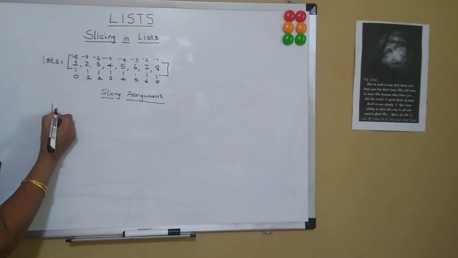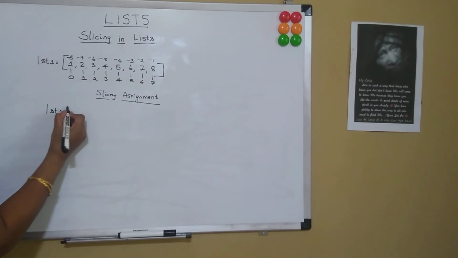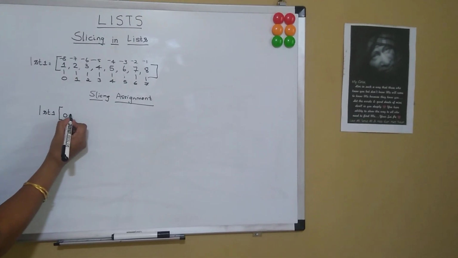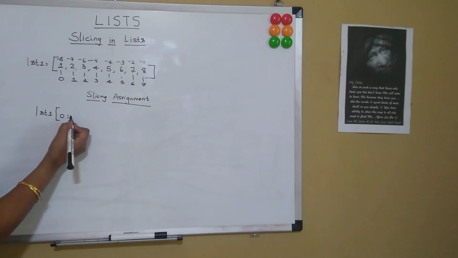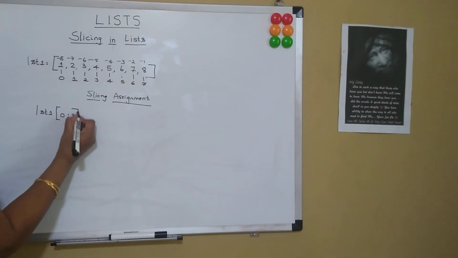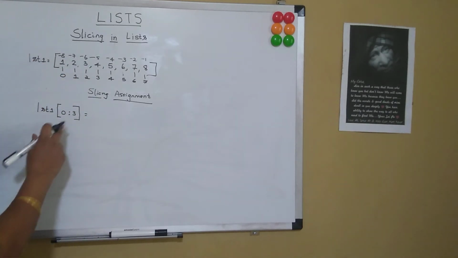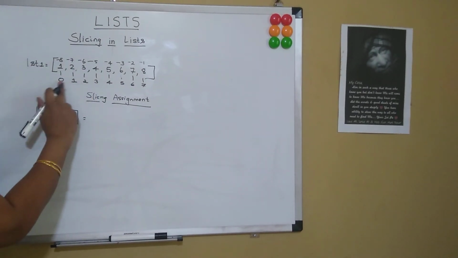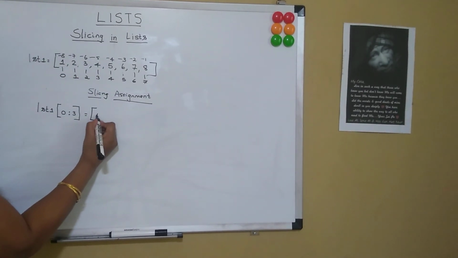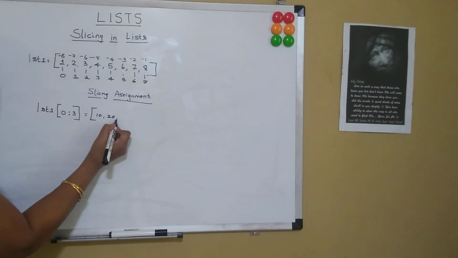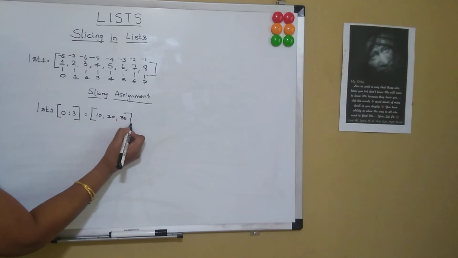For this we say LST1 of 0 colon 3. So 0 to 2 it will consider, it won't take the third index. So 3 elements, I am changing it to 10, 20, 30.